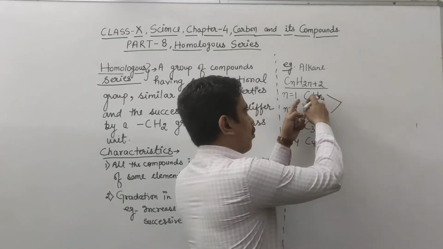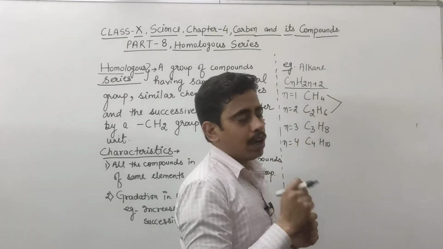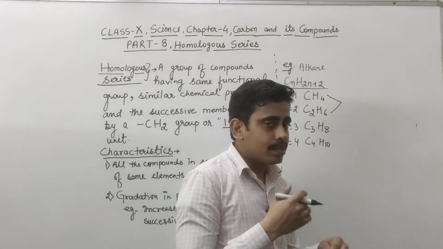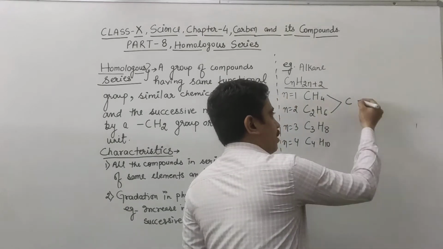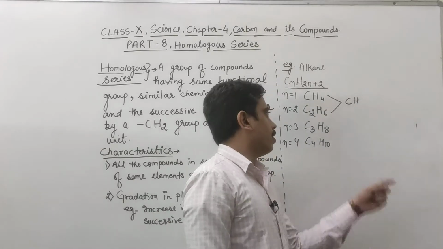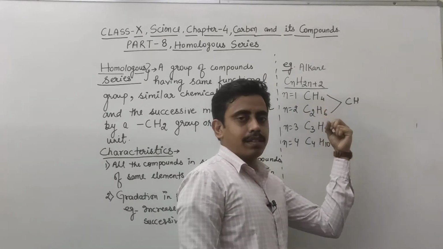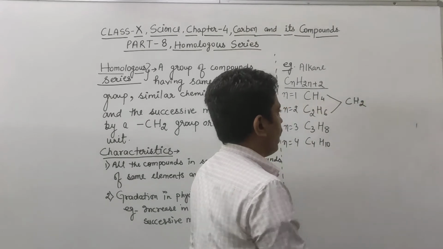This compound has how many carbons? 1 carbon. This compound has 2 carbons. So they have a difference of 1 carbon atom. And for hydrogen atoms, 4 and 6, the difference is 2. So the difference is CH2.